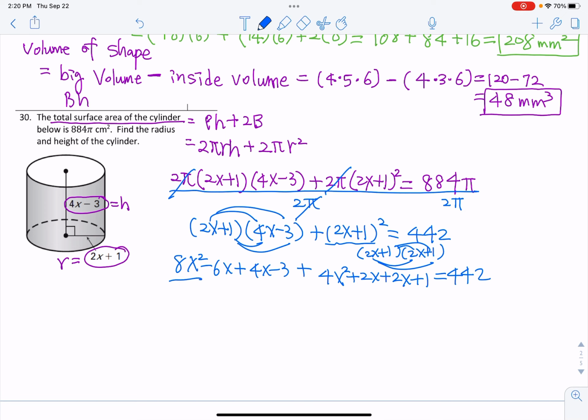And then combine like terms, 8x squared plus 4x squared will give you 12x squared. And then negative 6x plus 4x plus 2x plus 2x will give you 2x. So plus 2x. And then negative 3 plus 1 will give you minus 2. But on the other side, you have to subtract 442. So subtract 442 equal to 0.